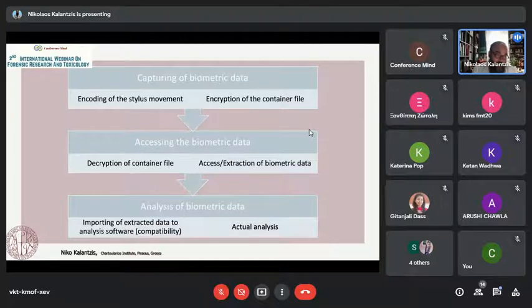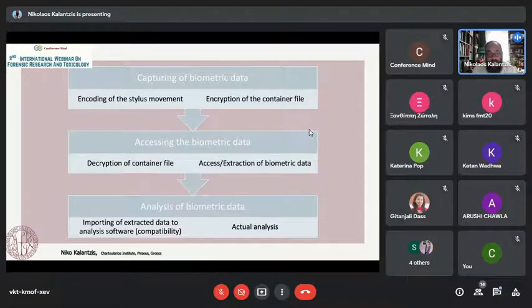The third step is the analysis of the biometric data by the expert, which can include another step in the process required for the extracted data to be handled properly, to be made compatible, and even to be normalized in order to be imported to the analysis software that we are using, and therefore be able to perform the actual analysis.